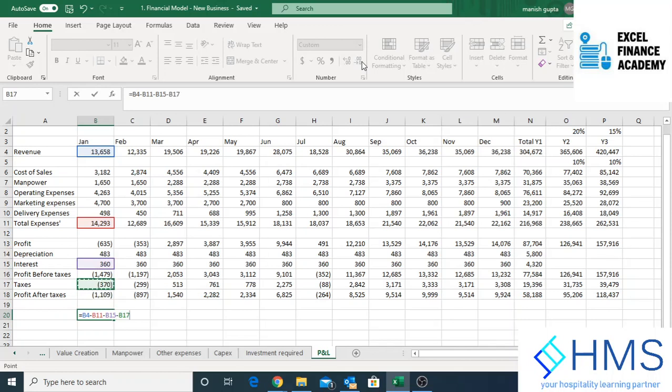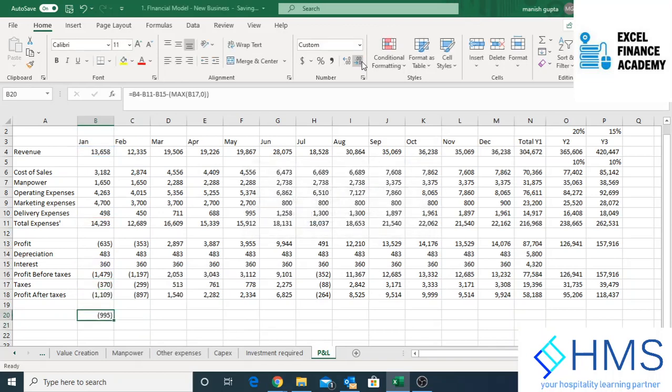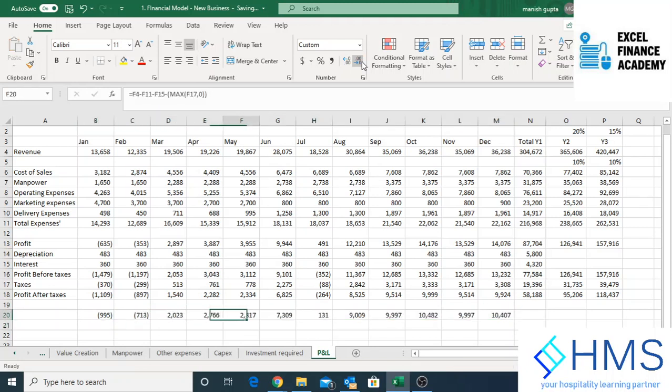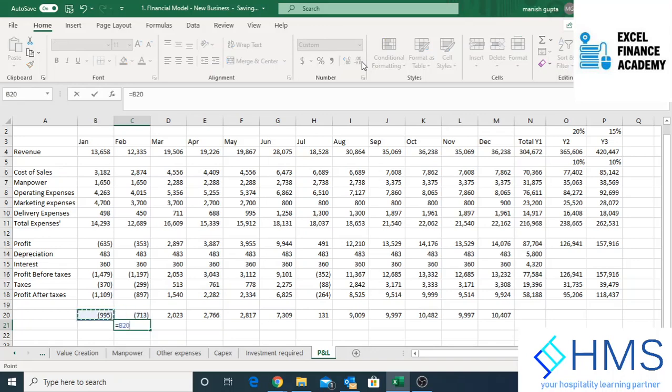If the tax is negative, you don't have to include it, so take the maximum of this or 0. So you need to spend 995,000 in the first month. This is your cash income going to be. How much is the accumulative cash income?